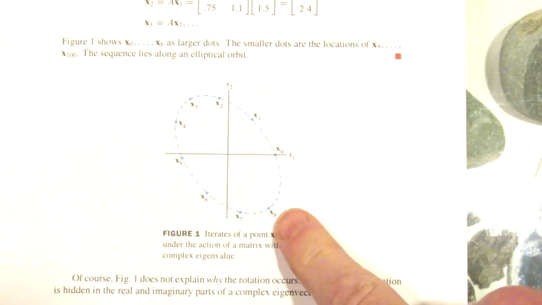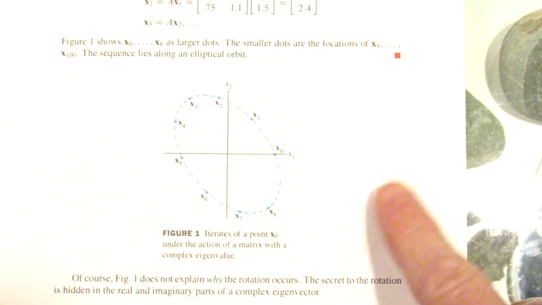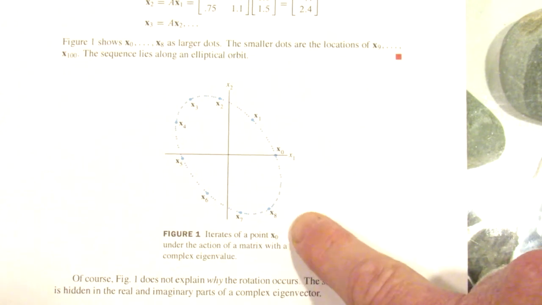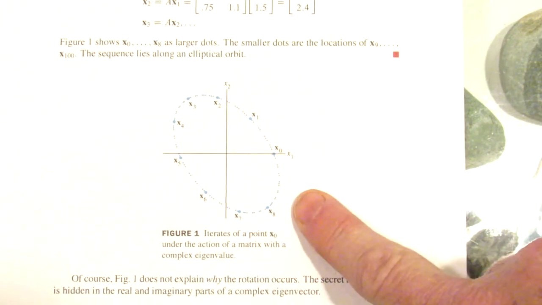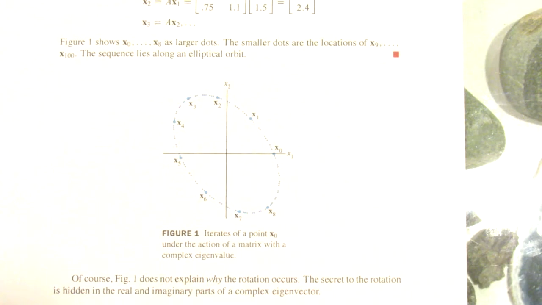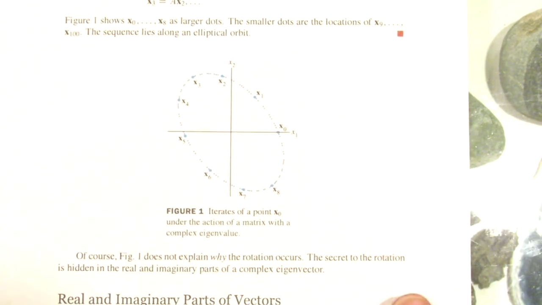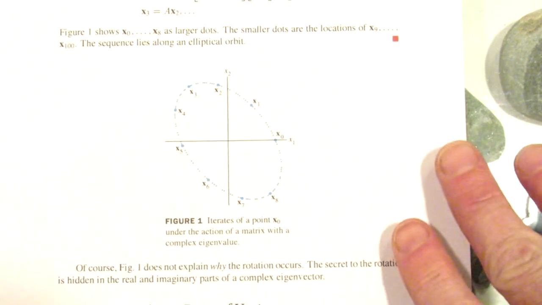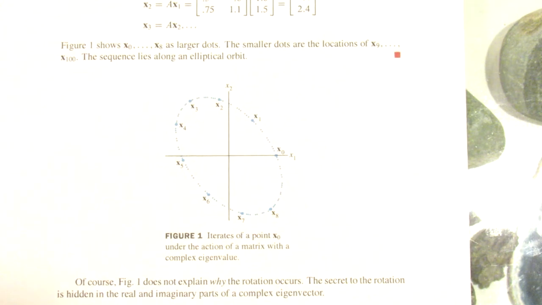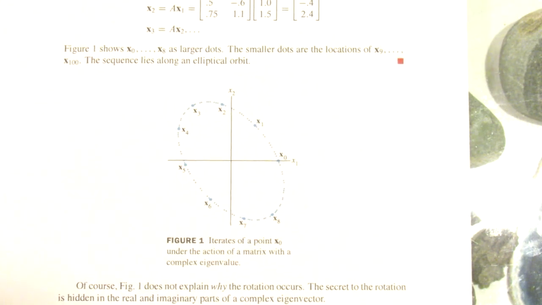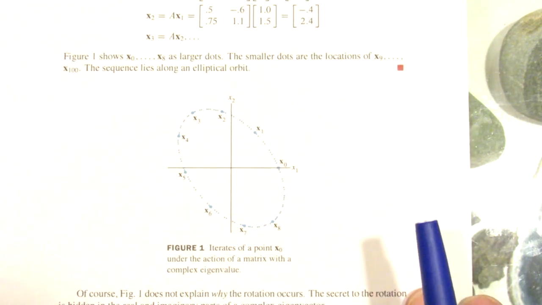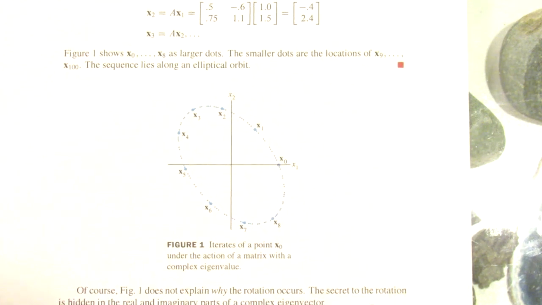So here's a little graph showing a rotation and repeated solutions, and those kinds of systems will involve complex eigenvalues. I just wanted to mention that there can be complex eigenvalues, and they do show up in more involved problems than the one that we went over. But dynamical systems is one of the places where you might run across complex eigenvalues.